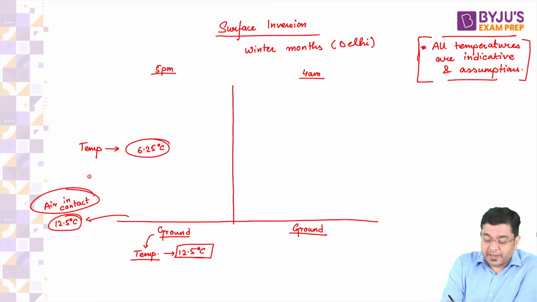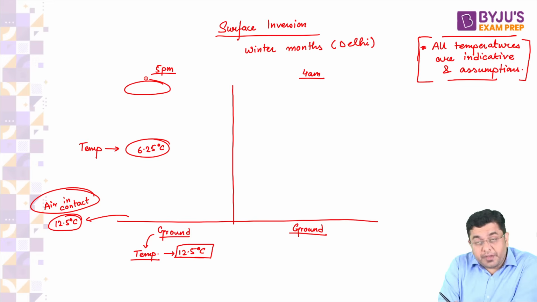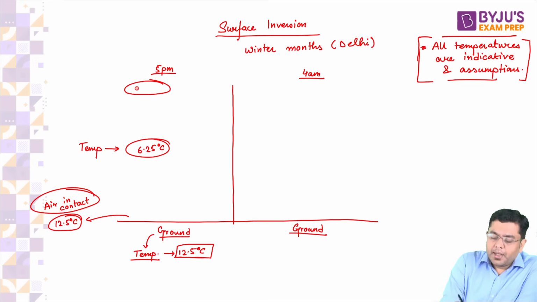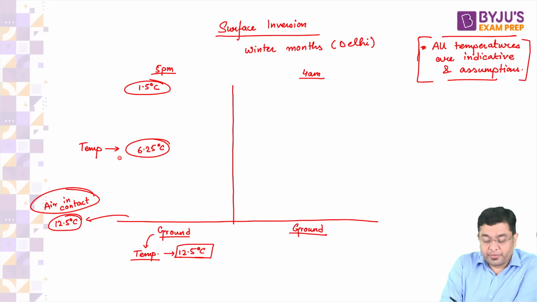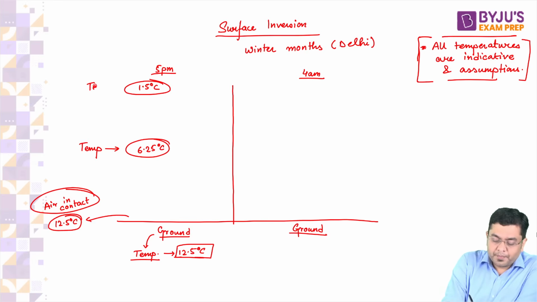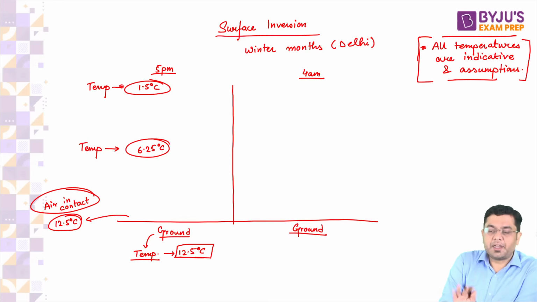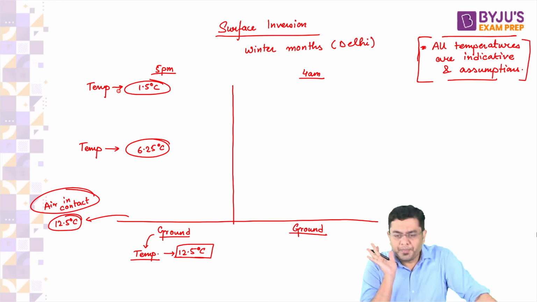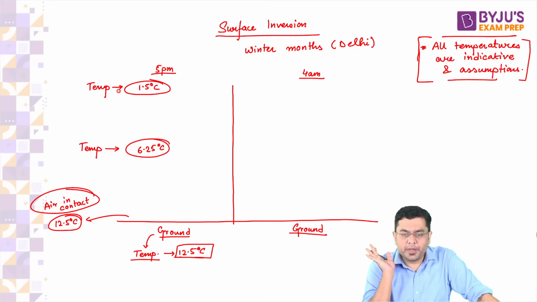Now, as you move further higher up, due to normal lapse rate, the temperature will reduce even furthermore. I hope that is understood. Let's assume the temperature is 1.5 degrees Celsius. Let's assume. Are we comfortable up till this point? Any doubts that we have till this point? Any doubts?